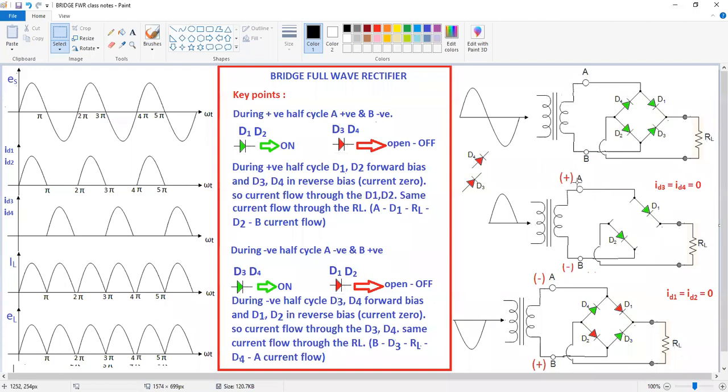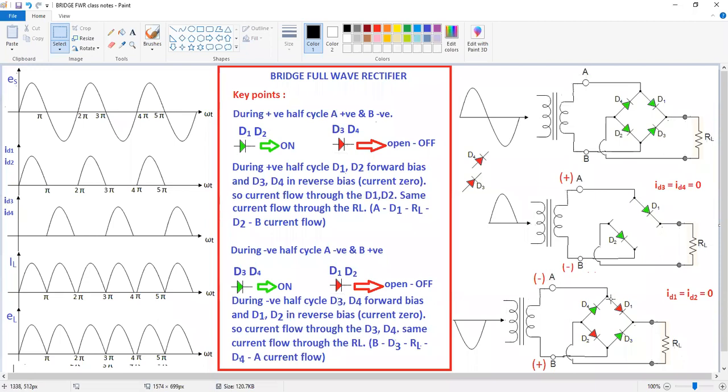That means the current present in D1, the same current is flowing through the RL as well as D2. That means D1, D2 both are connected in series. So it is RF plus RF. Total resistance is 2RF in the case of the bridge full wave rectifier for the positive half cycle.